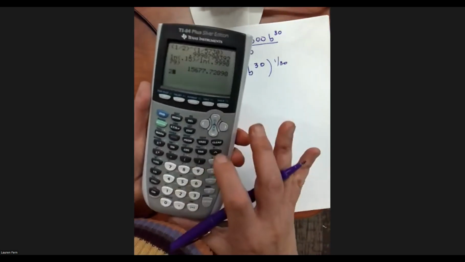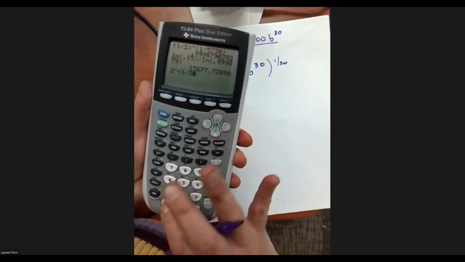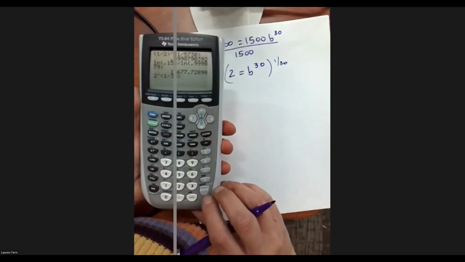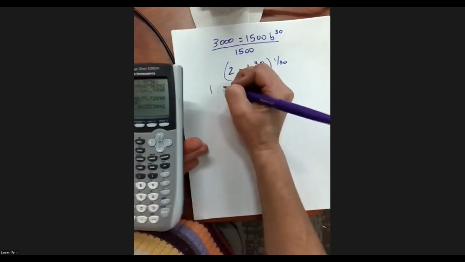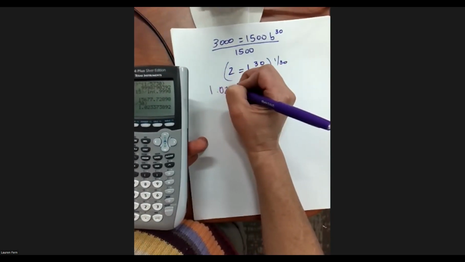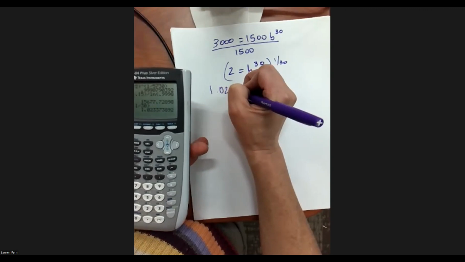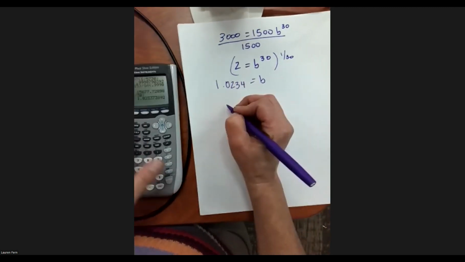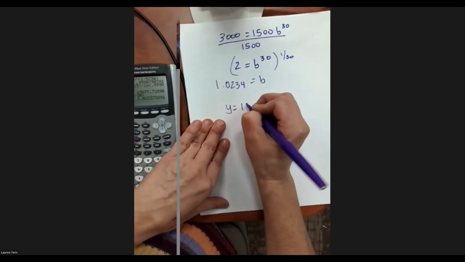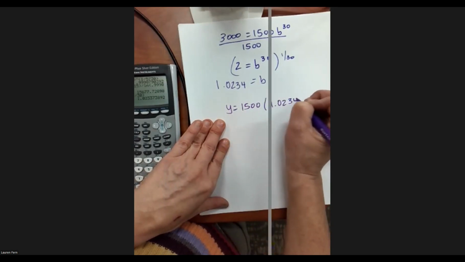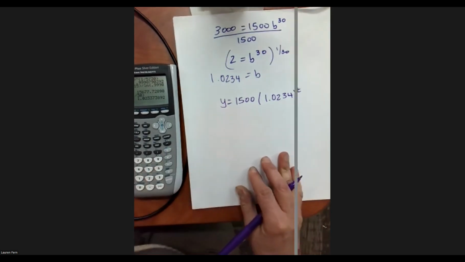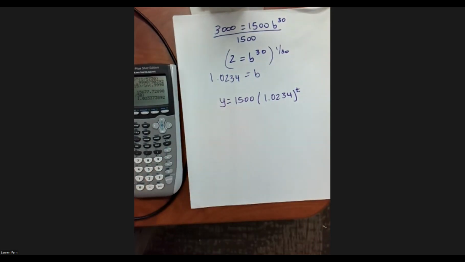So if I compute 2 to the 1/30 power, I'm going to get B to be 1.0234. So now we have our equation.